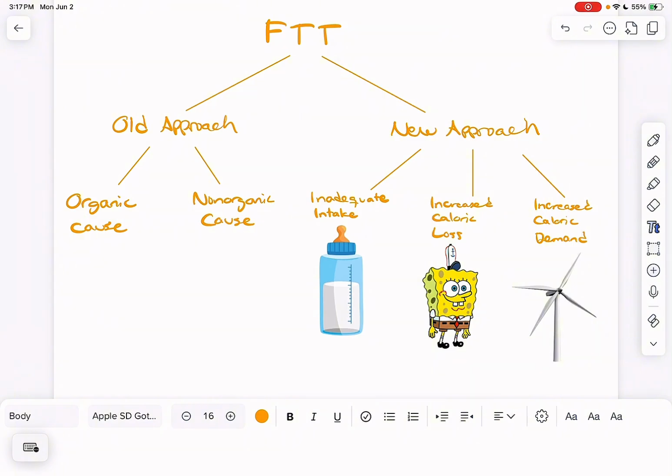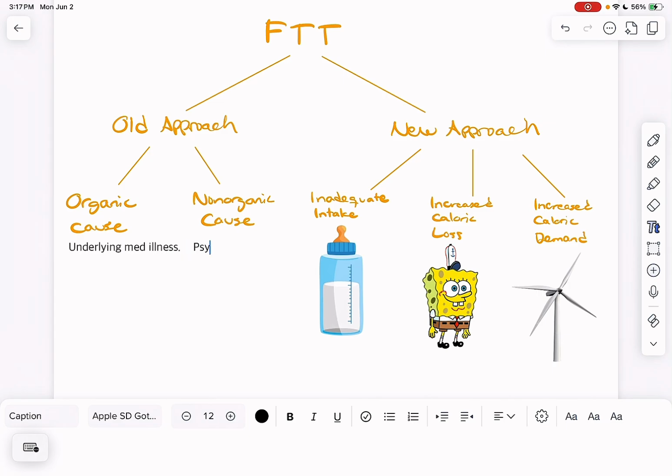In the old approach, we had two separate categories: an organic cause and a non-organic cause. Basically, this means whether we have a discernible underlying medical illness that's causing this failure to thrive, compared to, say, a non-organic cause.